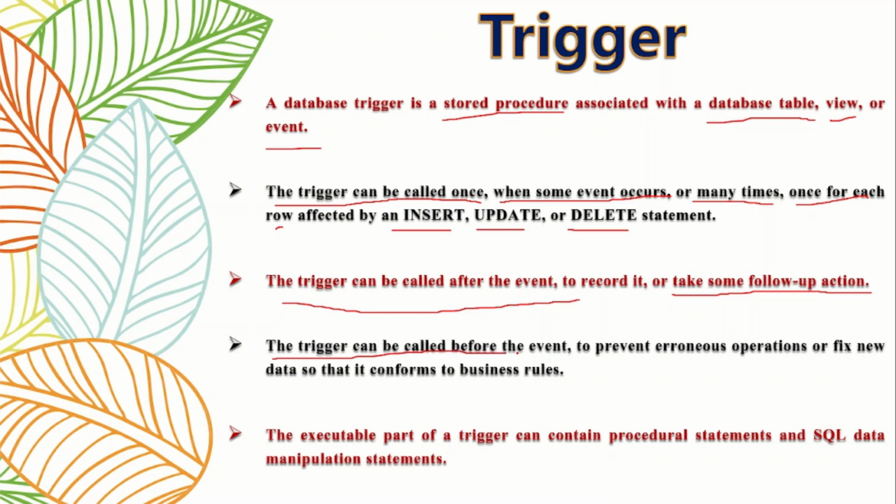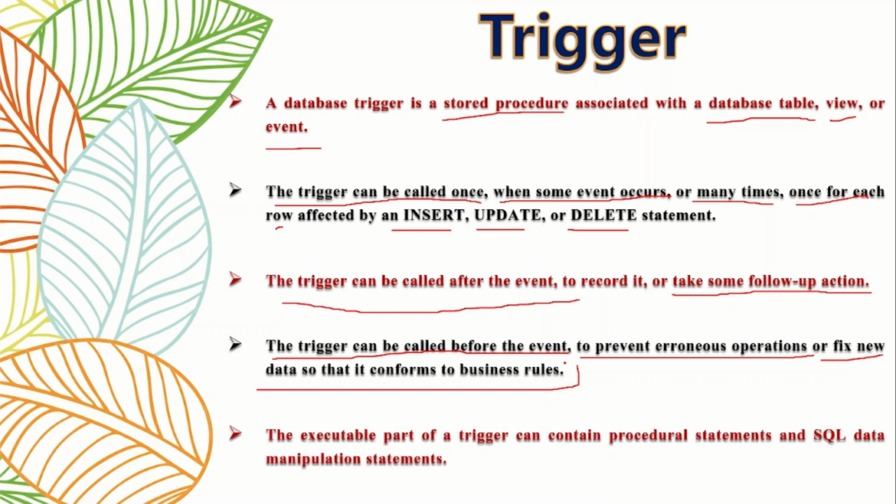A trigger can be called before the event, like before insert, before update, before delete, to prevent any kind of erroneous operation, or to fix new data so that it conforms to the business rule. Take one example.